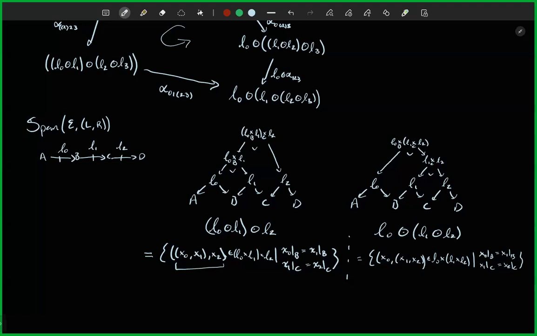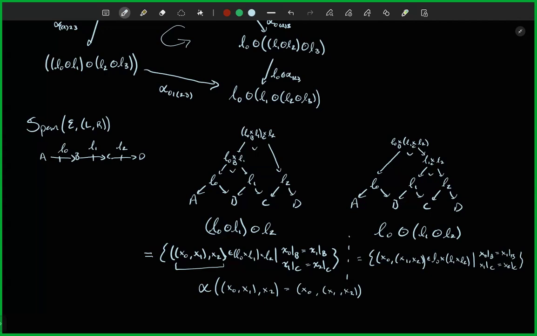So the isomorphism alpha between these is obvious. Alpha of x naught, x1, x2 is going to equal x naught, x1, x2. That's obviously an isomorphism because the inverse just takes the parentheses and puts them in the other order.